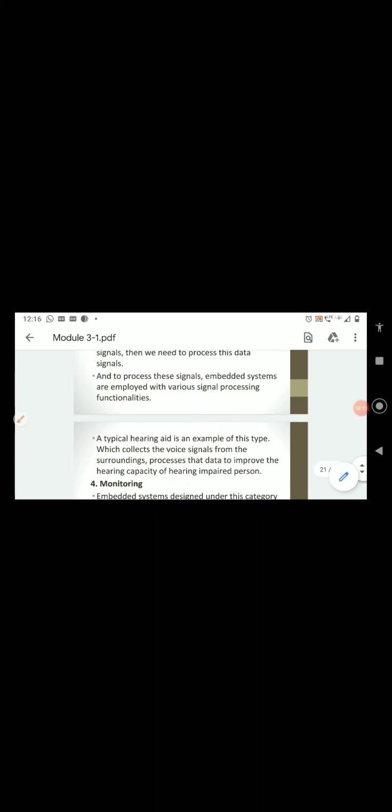Now we'll see the monitoring part. Here, embedded systems designed under this category are typically designed for monitoring purposes and are mostly from the medical domain.